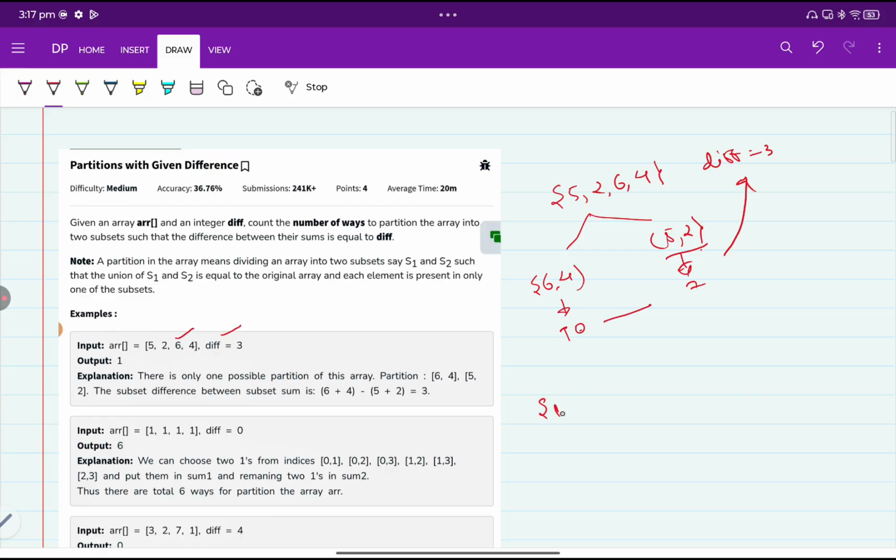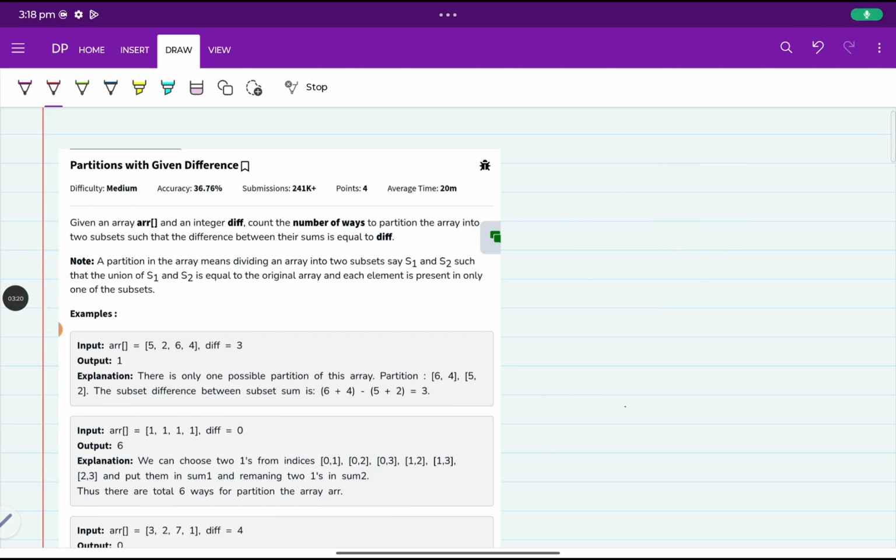For example, if the array is 1 1 1 1, then how many possible ways are there having the difference equal to 0? There are 6 ways. Considering index 0 and 1, index 0 and 2, index 0 and 3, and then index 1 and 2, index 1 and 3, and index 2 and 3.